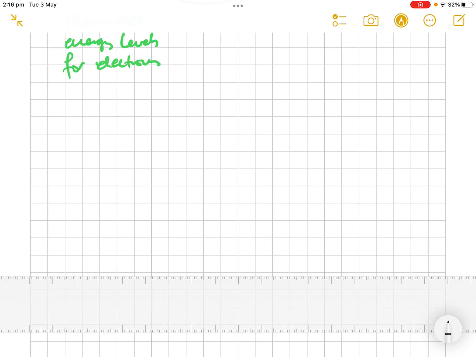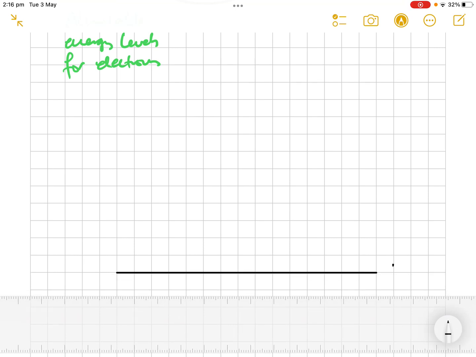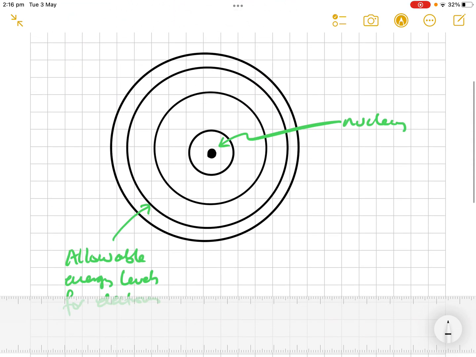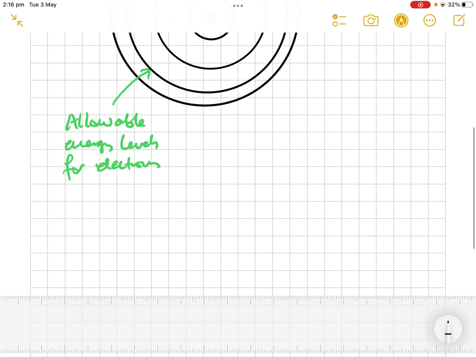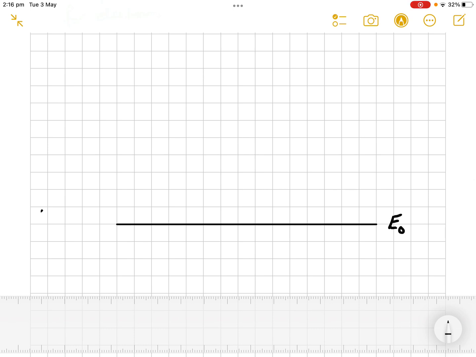If we begin with the lowest energy level, which is called the ground state, we'll call that energy level 0, or E naught. Now on the actual atom, this would be E naught. And that's the ground state. And in a hydrogen atom, for example, that's where the single electron would normally be.